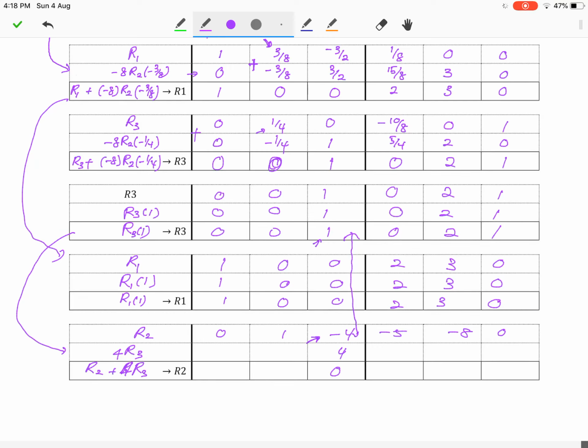What is 4R3? 0 times 4 is 0, 0 times 4 is 0 again, 1 times 4 is 4, 0 times 4 is 0, then 2 times 4 is 8, 1 times 4 is 4. So adding this together, we get 0, 1, 0, negative 5, 0, 4.